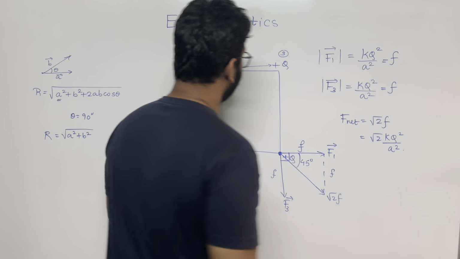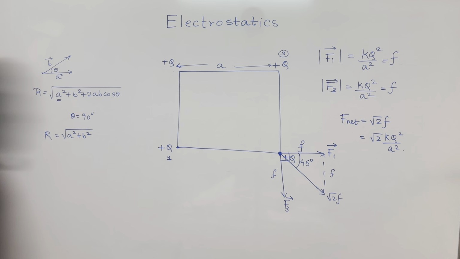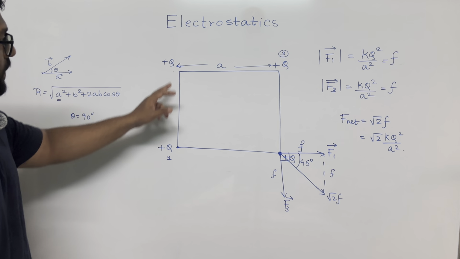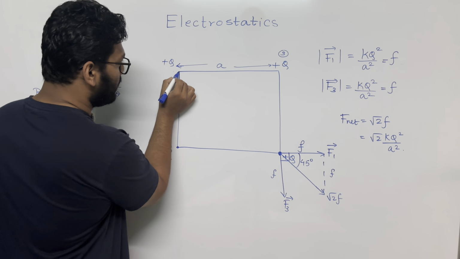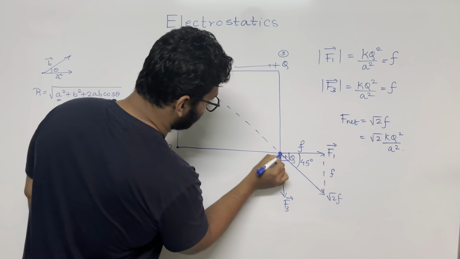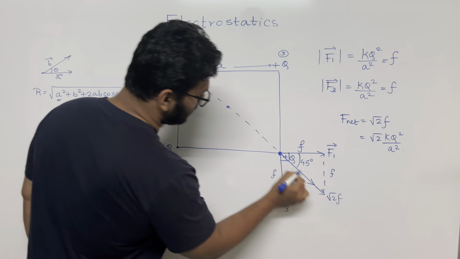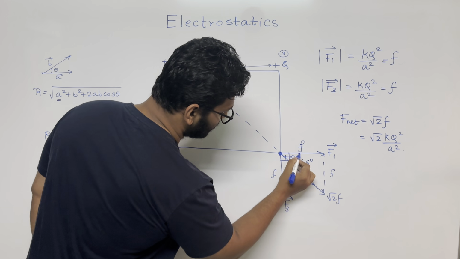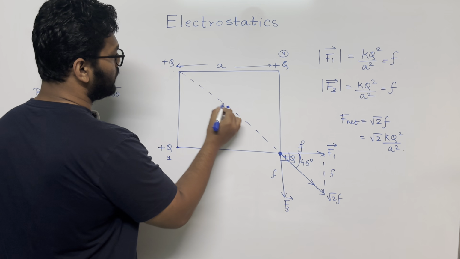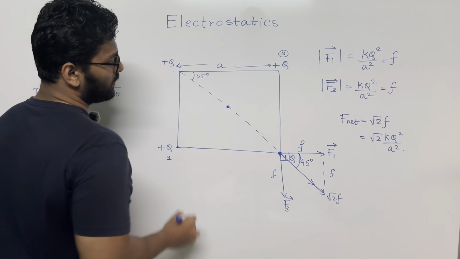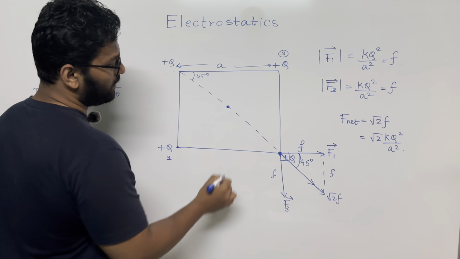Now if this charge is also present, this plus q will repel along this diagonal. You can see that this is along the diagonal and this resultant is also along the diagonal, at 45 degrees, so this is a straight line. This plus q will apply a force, let's say f dash. I don't know if it is bigger than root 2f or not.